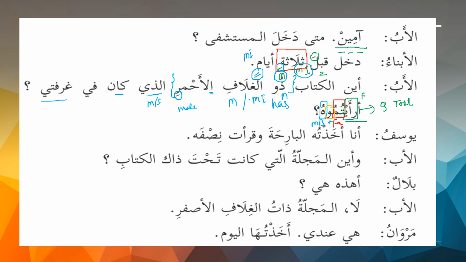So it is a rule that whenever the pronoun tum is attached with another damir that is in maf'ul bihi position, you cannot read it as tumhu or raitumhu. It is not allowed. So what has been done here?